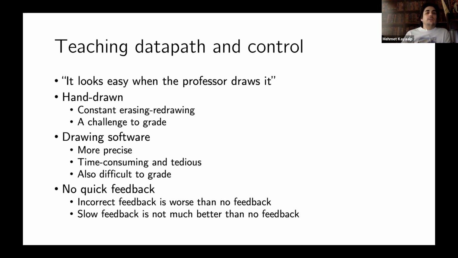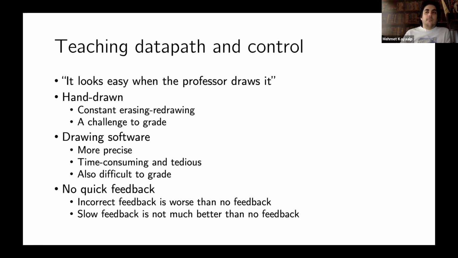And when it's hand drawn, there's a lot of erasing and redrawing, so it's really difficult to see what's happening when you take a submission, and it's really challenging to grade. So we prefer using drawing software to make it more precise, but it's time consuming and tedious.